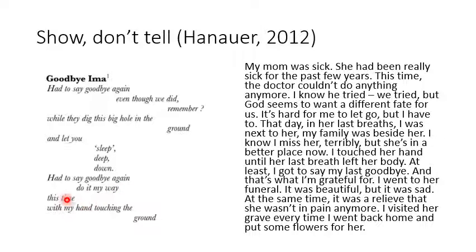"This time with my hand touching the ground." As you can see, with my hand touching the ground. This is the way she says goodbye to her mom. Maybe we can imagine, usually her mom says goodbye by waving her hand and probably her bus leaving, but no, she's saying goodbye by touching the ground.